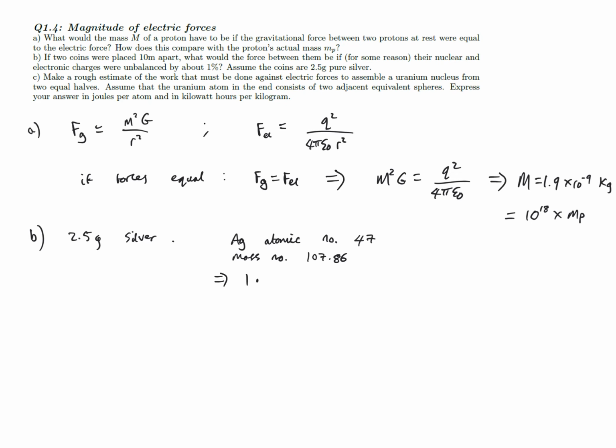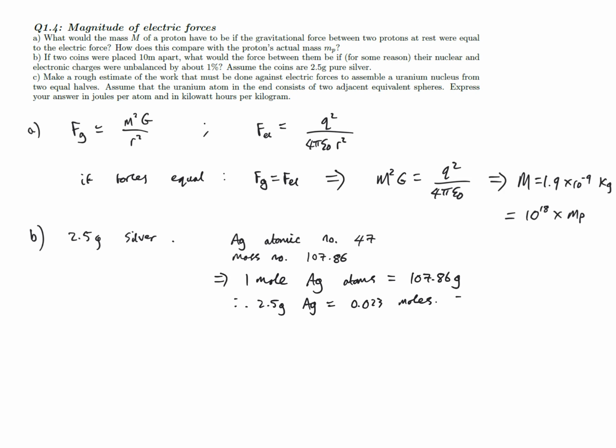So 1 mole of silver atoms will weigh, by definition, 107.86 grams, which means that 2.5 grams of silver is 0.023 moles.